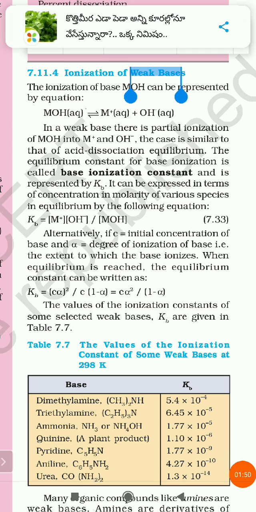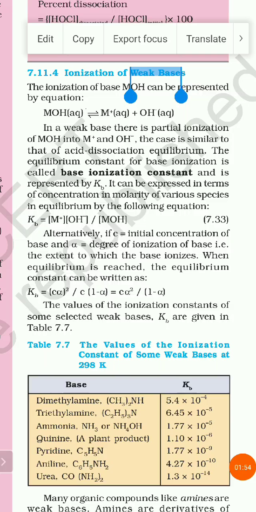A weak base dissociates only partially. With a strong acid or strong base, it ionizes completely.